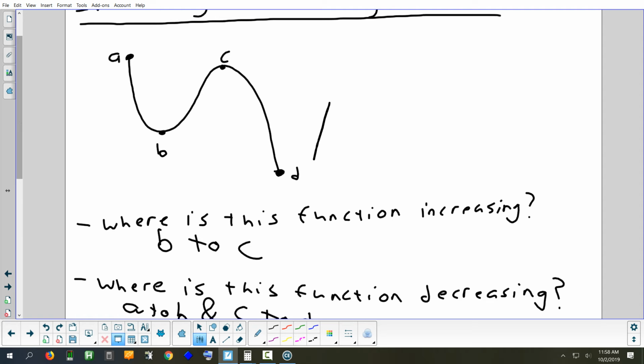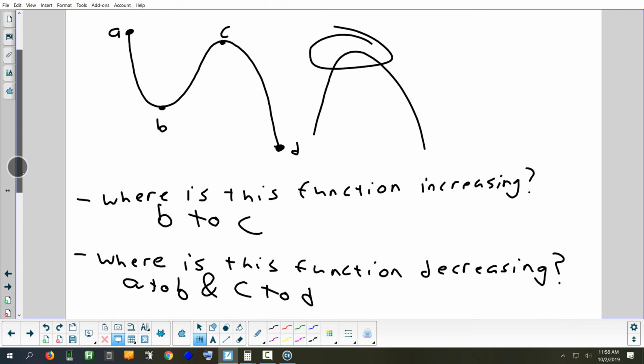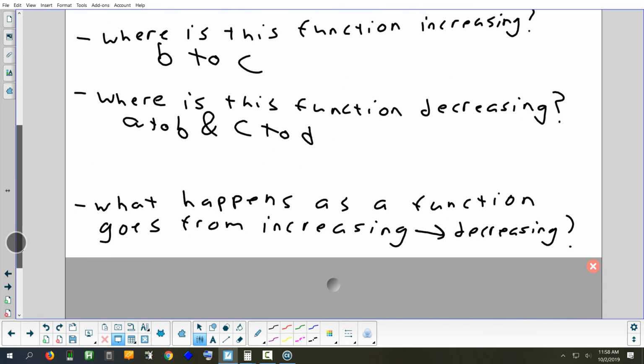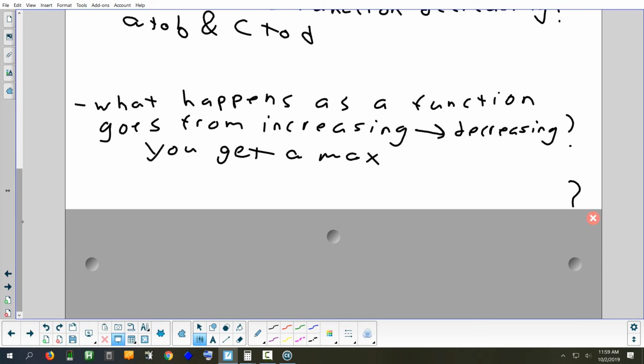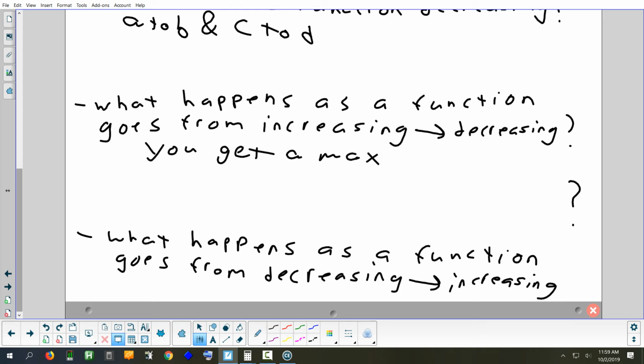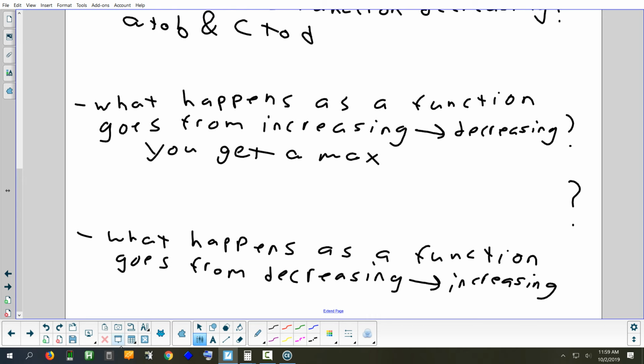Anytime you go from up to down, you get some kind of maximum. Global or local, it depends. But you get a max. What happens as you go from decreasing to increasing? You get a minimum. Yep.